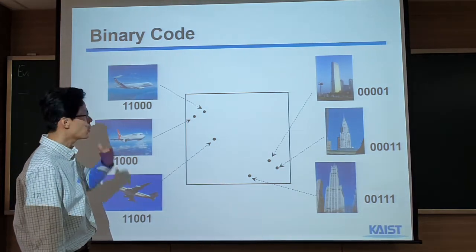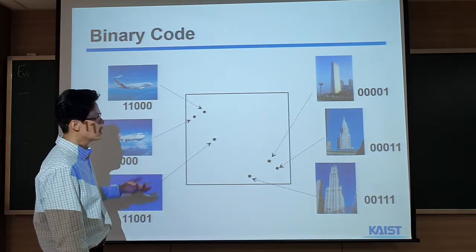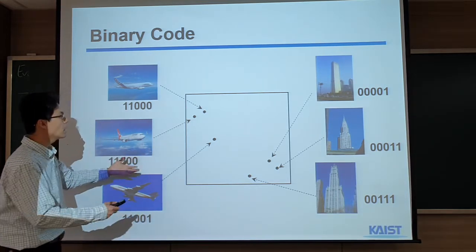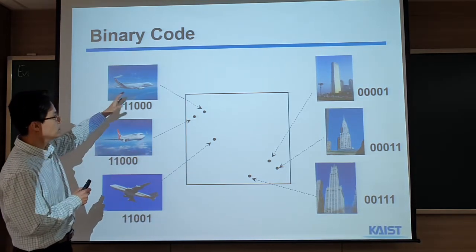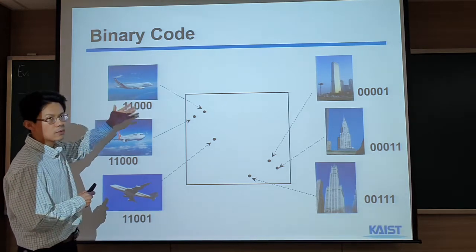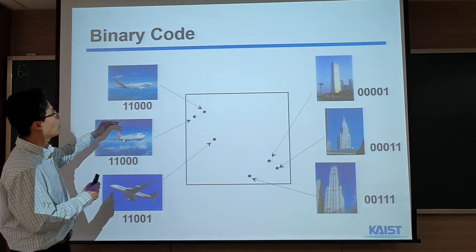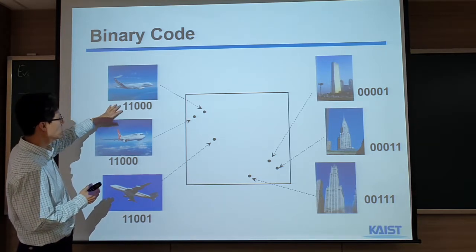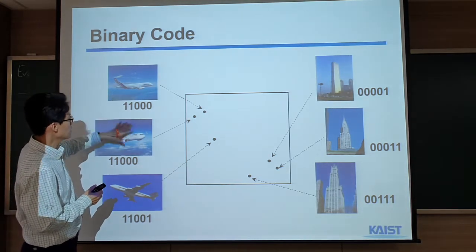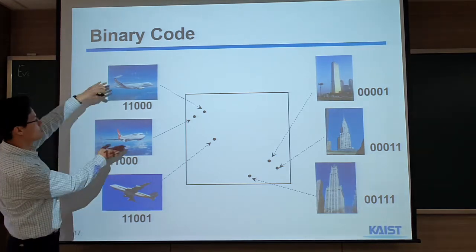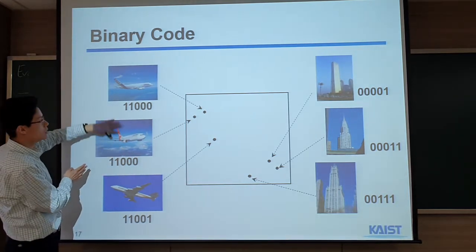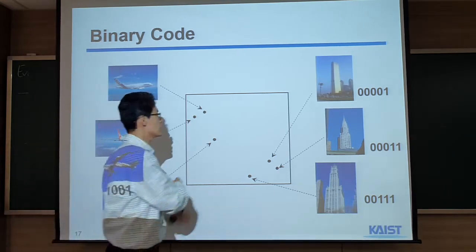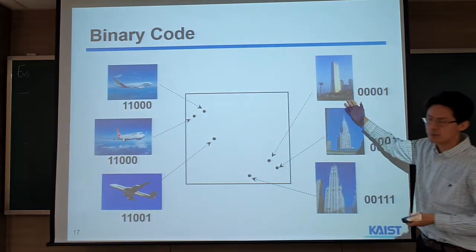I'm not the first one who thinks about this issue. There are researchers who have thought about this. Somehow, given this CNN feature or some other features, we want to have a very compact binary code for each image, in a way that similar images have similar binary codes, right? In this case, we only have a 5-bit length code, right? And also different images have different bit codes, right?